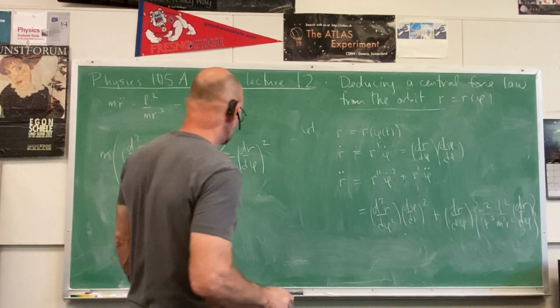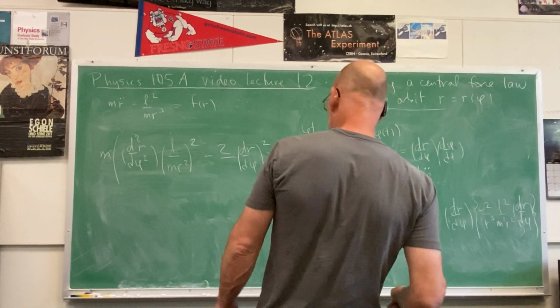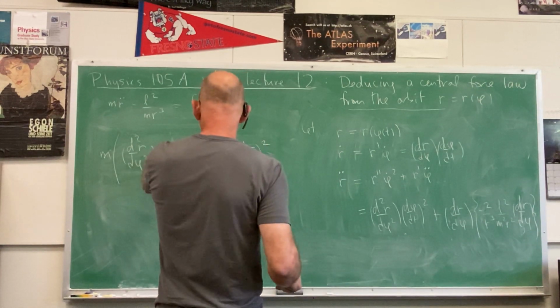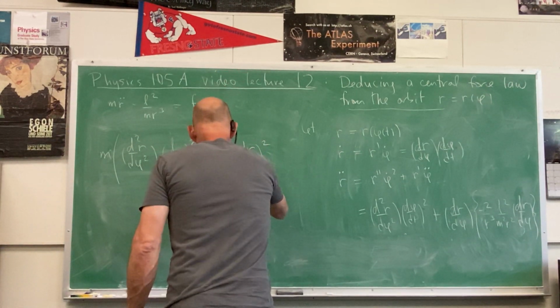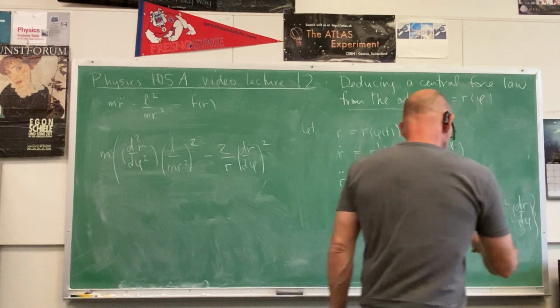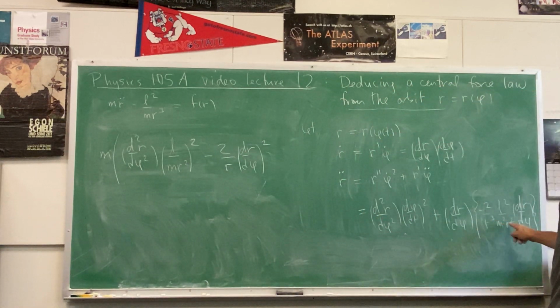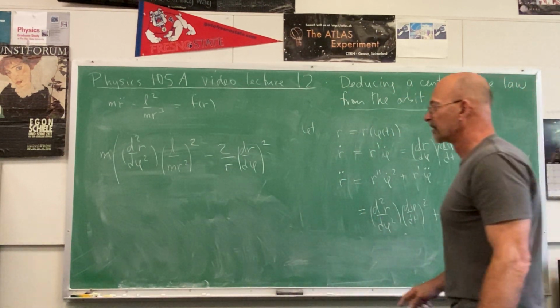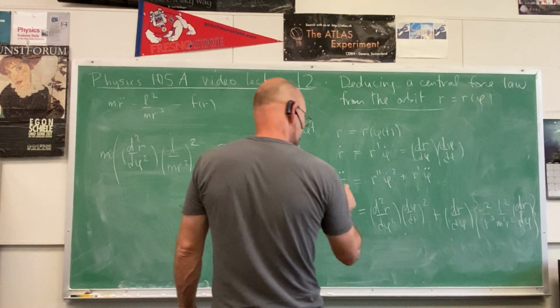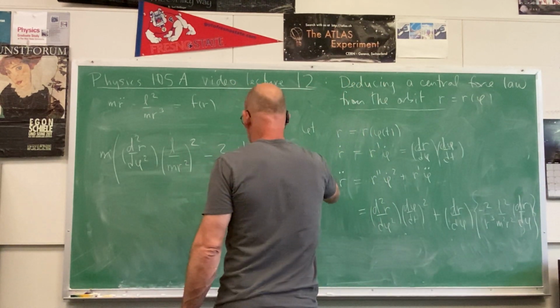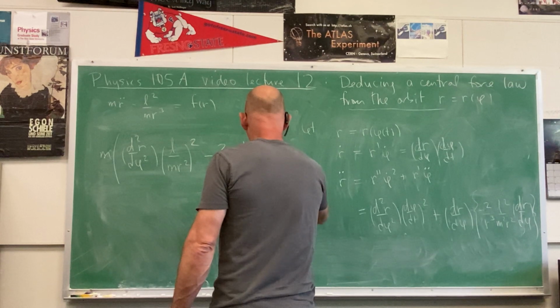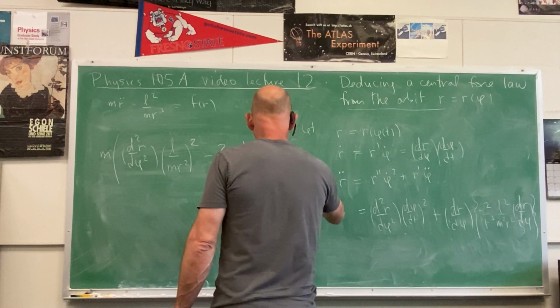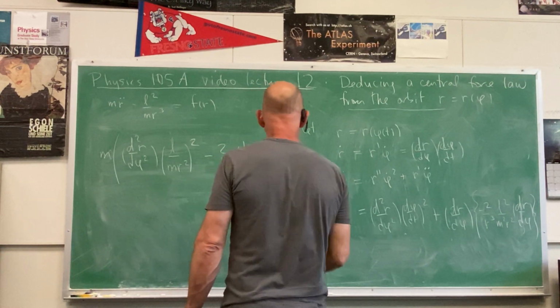I want to have it elsewhere. So I'm just going to pull out one factor of r here, and then I'll have r to the 3rd, 4th, 5th. Okay. So I'll have L squared over m r to the 4th.